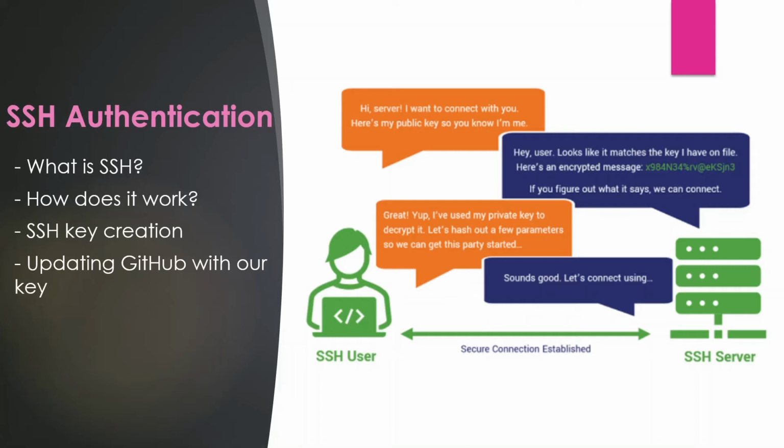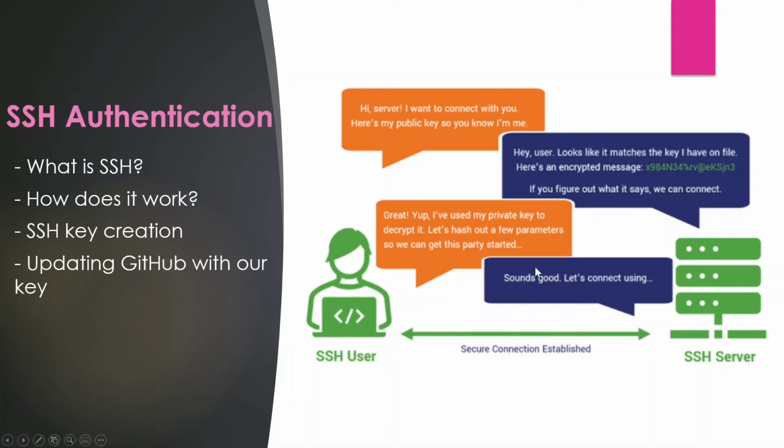So the SSH user is saying over here that I have a private key and I have decrypted your message, whatever you have sent, and everything is perfect between us. Let's get this party started means let's do the communication. And then at the end, the SSH server says, sounds good, let's connect using SSH.